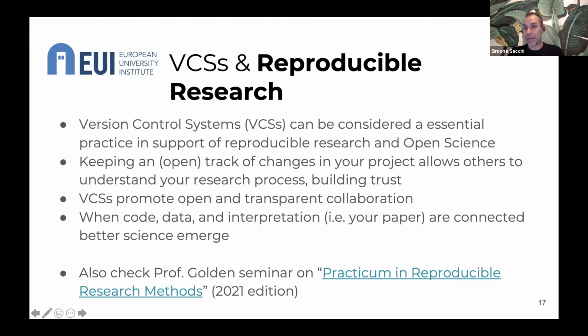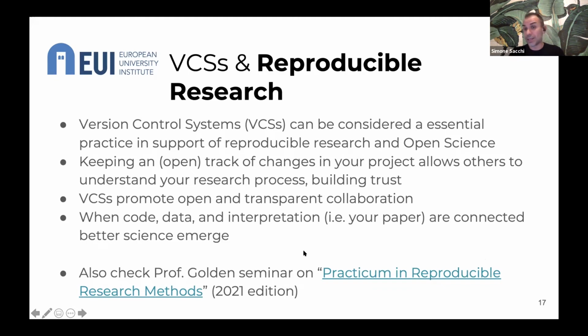Therefore, you can actually open up your scripts to a certain number of people or to the entire world, so that people can actually see what you're doing. So you can track changes on your project and allow others to understand your research process, building trust, and also build upon it. That's how most open source software development works. People open it up and others contribute.